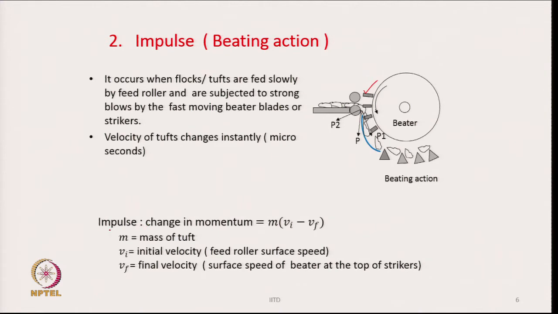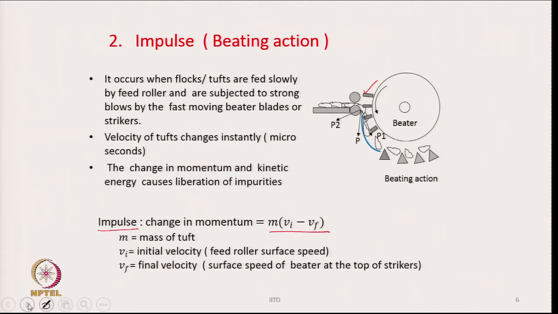The impulse magnitude is m (v_i − v_f), where m is the mass of the tufts, or it could be the mass of the trash particle, v_i is the initial velocity, which is the velocity of the feed roller pair through which we are feeding the tufts, and v_f is the final velocity, that is the surface speed of the beater at the tip of the strikers.